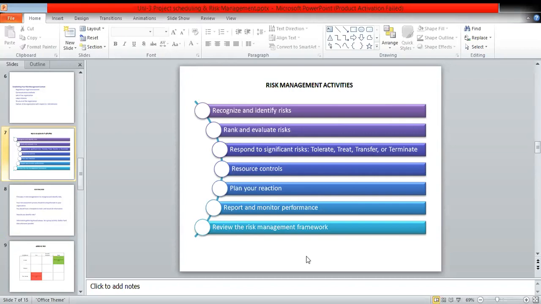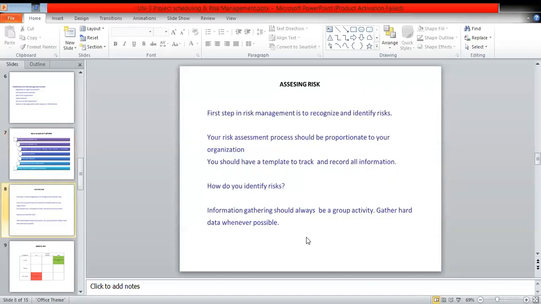Then resources control, plan your reaction, report and monitor performance, and review the risk management framework. So we learned all that yesterday. Right? Now today we go through assigning risks. What is assigning risks? So the first step in risk management is to recognize and identify the risks.